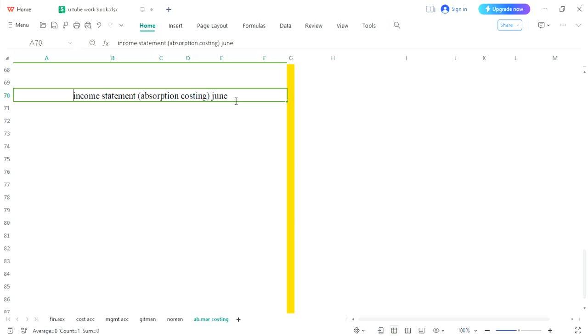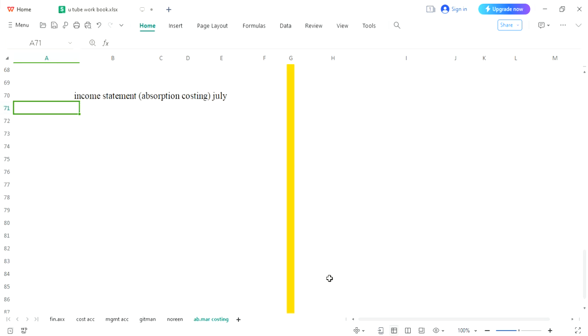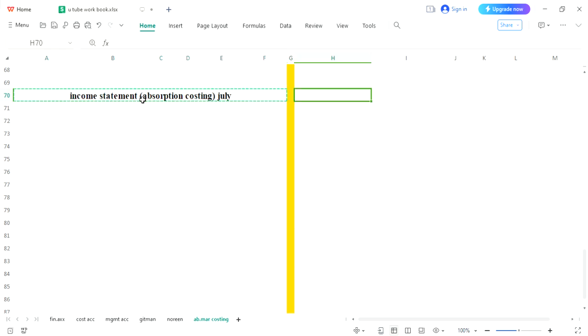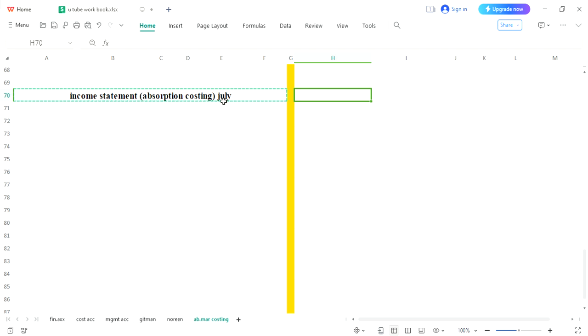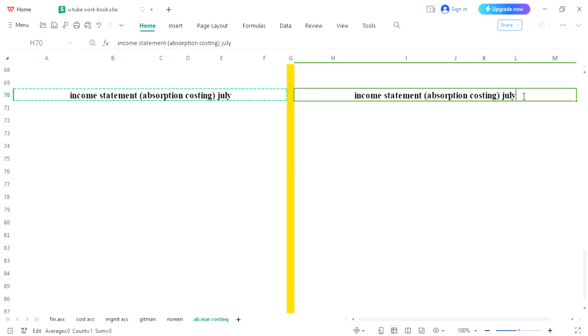So here we will change it for the month of July. This separate statement we will first calculate on the left part of the page, and similarly we will be making the income statement for July as well, and we will complete it for August as well. Here we will make our income statement for August.